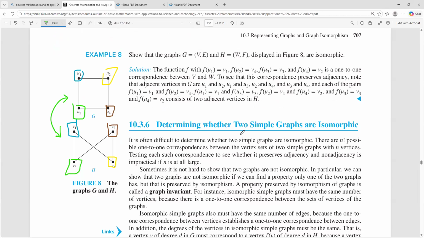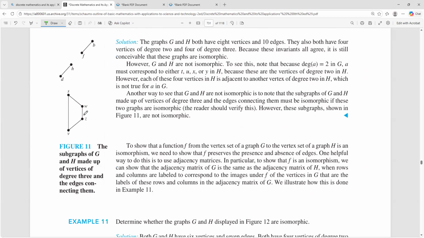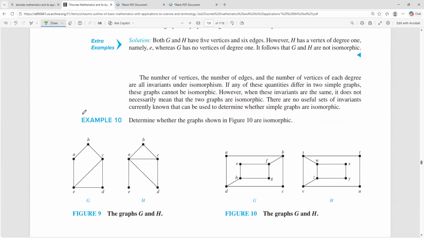U1 maps to V1, right? Then from this matching, U2 had to connect to V1. Whatever connects to V1 has to be U2, so we said V4 is U2, and we go off from there. But in general, it's a bit difficult to see if two graphs are isomorphic right from the get-go.